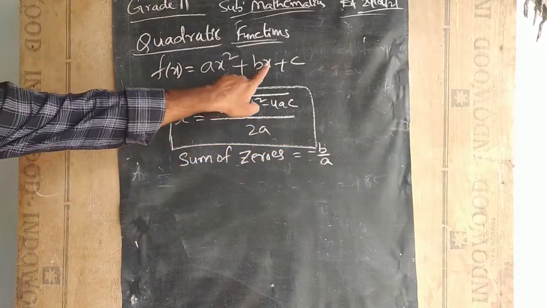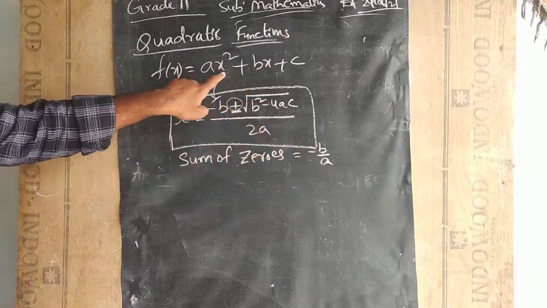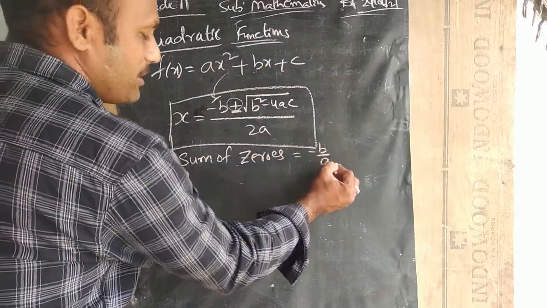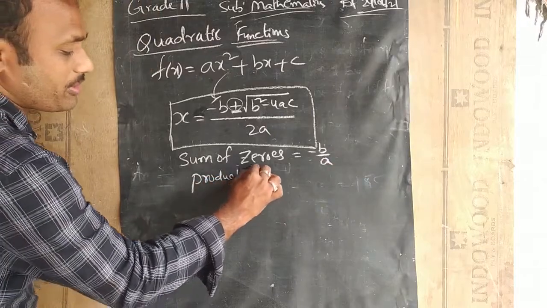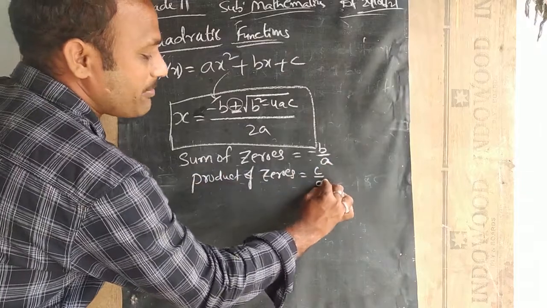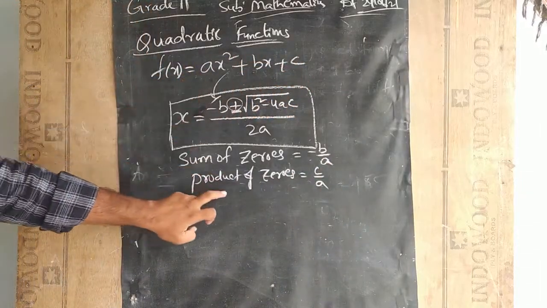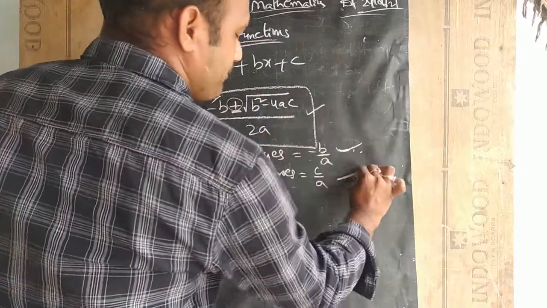What b represents is the coefficient of x, and a represents the coefficient of x square. So we can remember the formula as minus b by a. Next, product of zeros. Product of zeros formula is c by a, the constant term by the coefficient of x square. That is product of zeros. So these are the three formulas to be remembered.